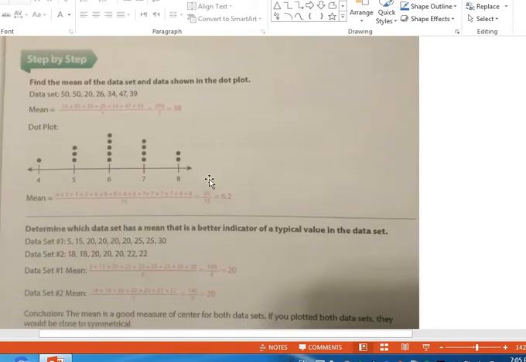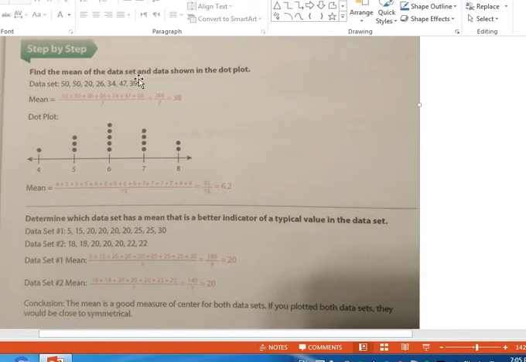Step by step: find the mean of the data set shown in the dot plot. Here I have the values, then I will add all the values over the number of values: 1, 2, 3, 4, 5, 6, and 7. After this, I make a dot plot by writing 4, 5, 6, 7, and 8, and here I have how many times?